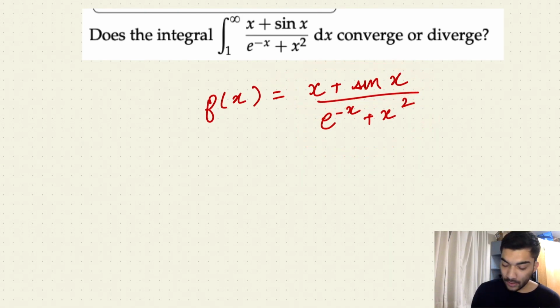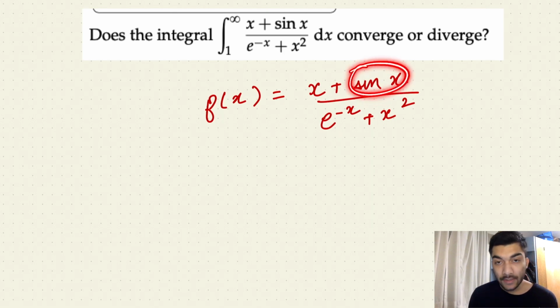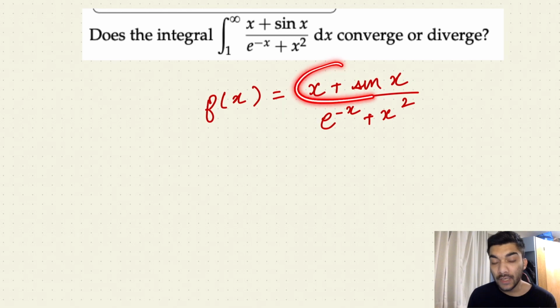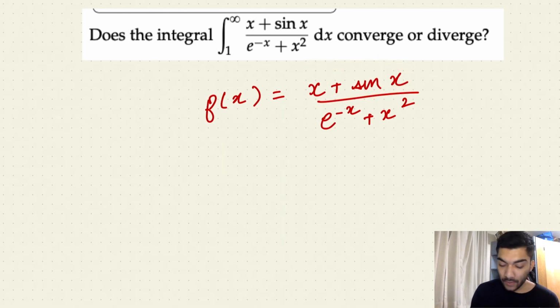Also, in the numerator, the range of sine x is from -1 to 1. So it doesn't matter how large x is, sine x will always be between -1 and 1. So for large values of x, our x plus sine x expression will approximate to x.